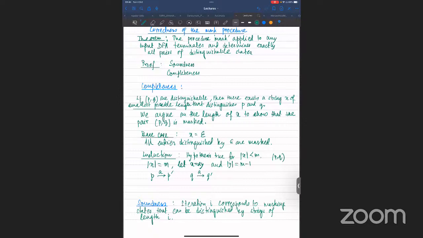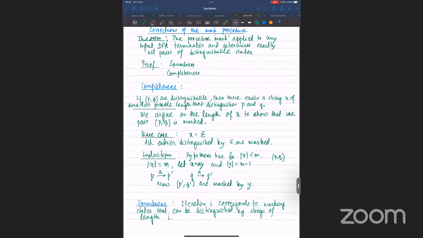And so suppose this is the case. Now p prime, q prime are, by the induction hypothesis, already marked by y, right? And what does the mark procedure do?